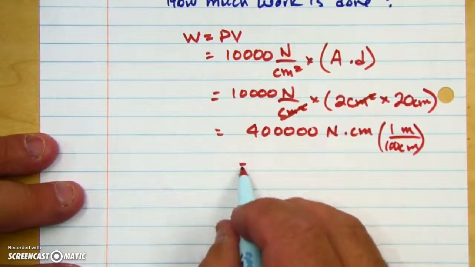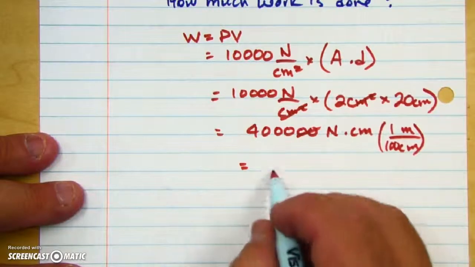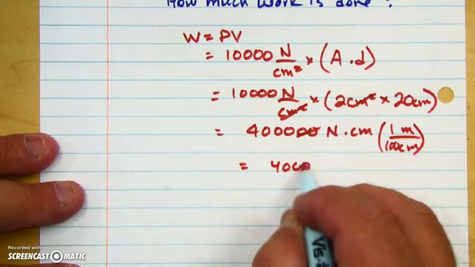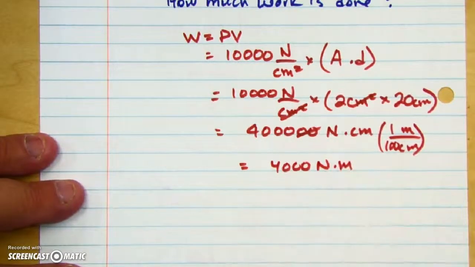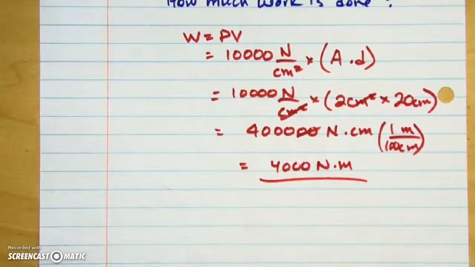So therefore, chop 2 zeros off that, I'd have 4,000 newton meters of work. So that's the type of sample practice problem we can do. Now remember, you may have to be careful. They may mix centimeters and meters. You need to be able to handle that. We'll practice it, and if you can't, you'll have to do it in the lab setup.